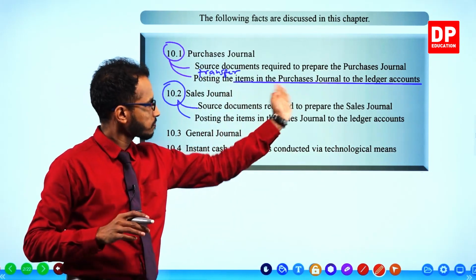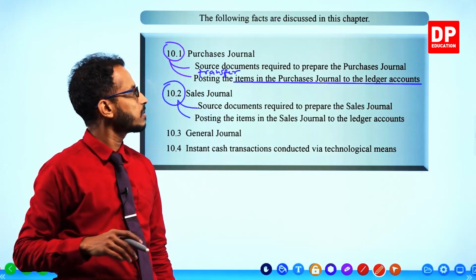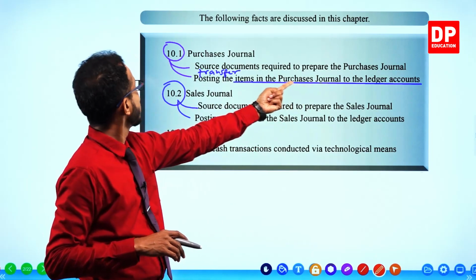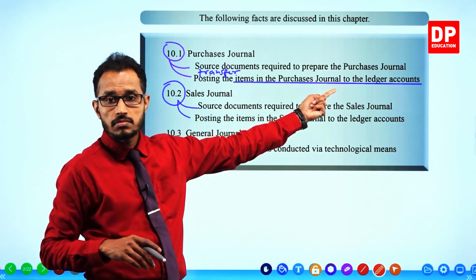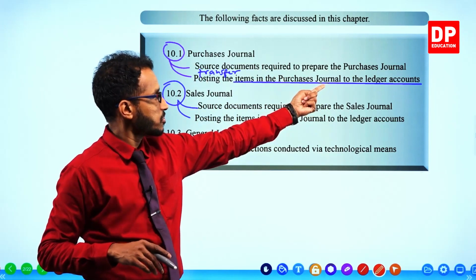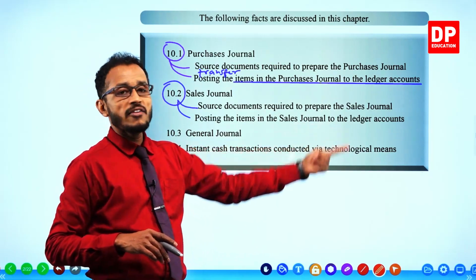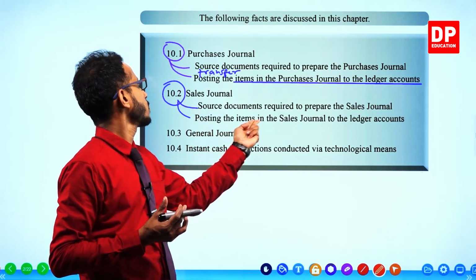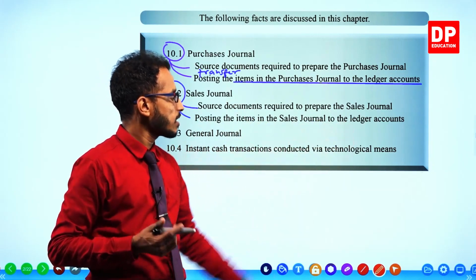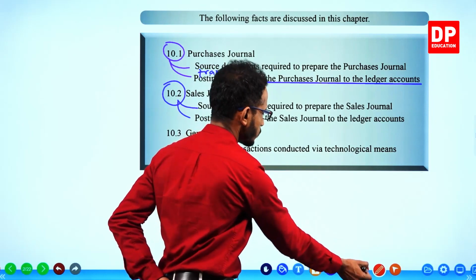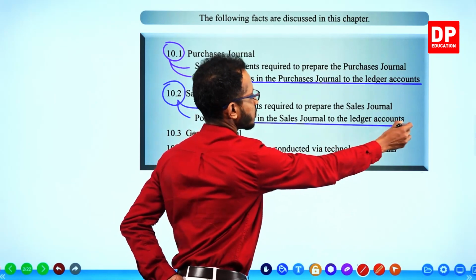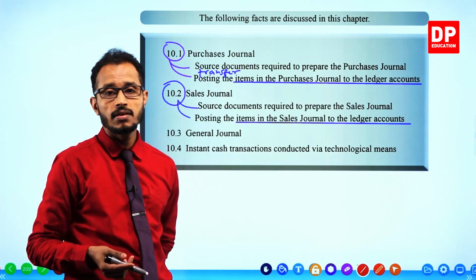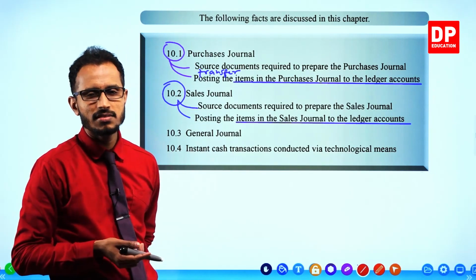Just like I explained above under Purchases Journal, under Sales Journal also, you have to transfer the items in the Sales Journal to the ledger.